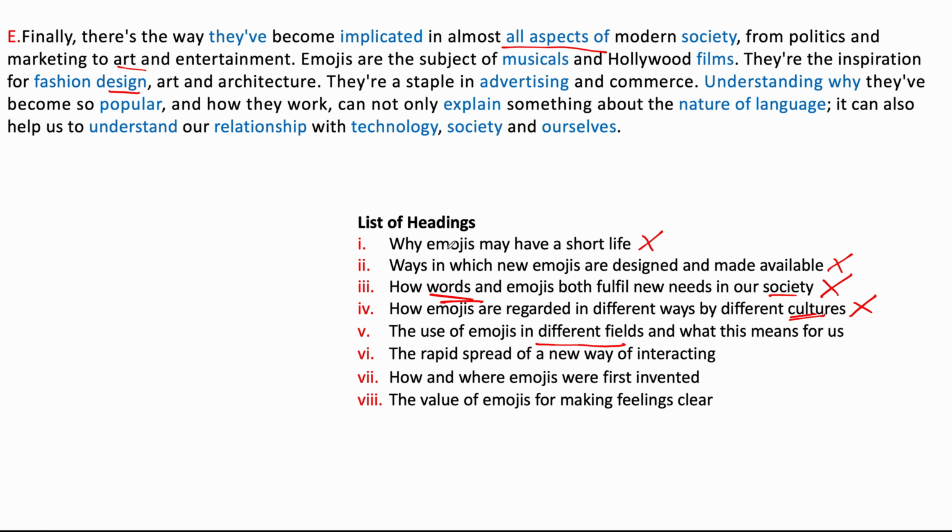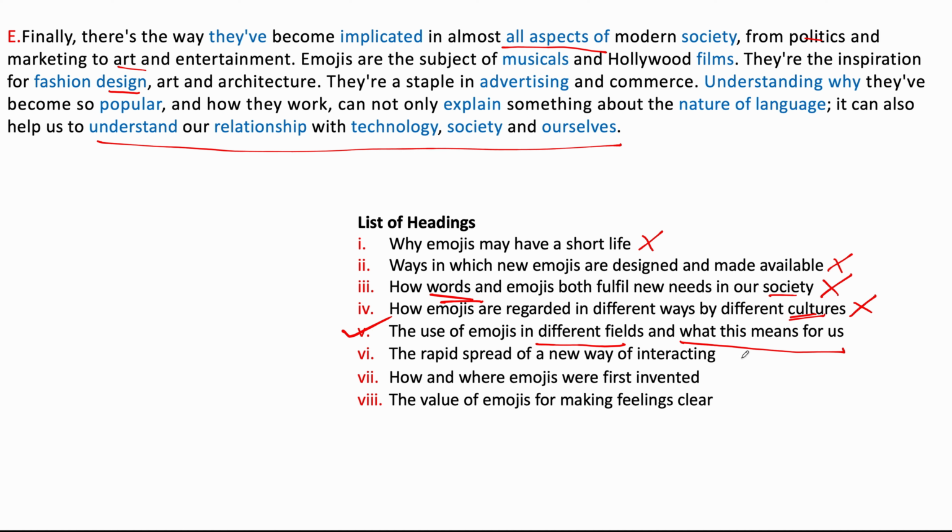The fifth heading: we've already talked about emojis being used in different areas or fields like politics, films, and advertising, which refers to their use in different fields. The phrase "what this means to us" connects to the idea of understanding the relationship between technology, society, and humans.